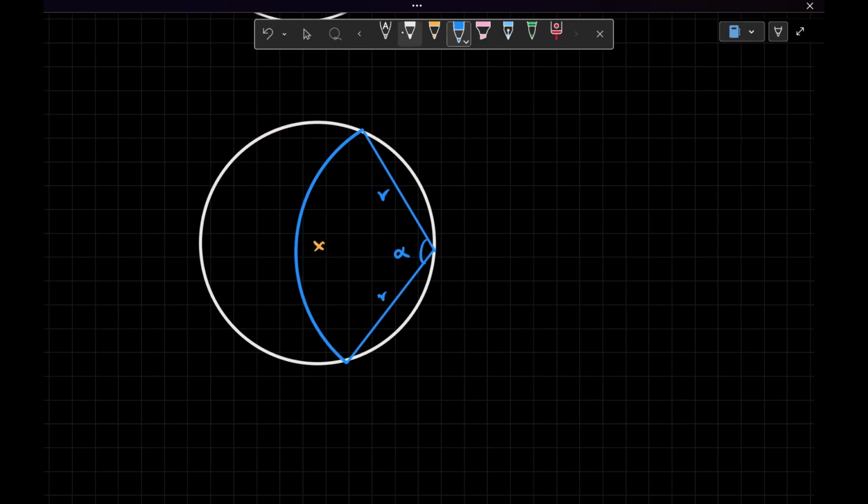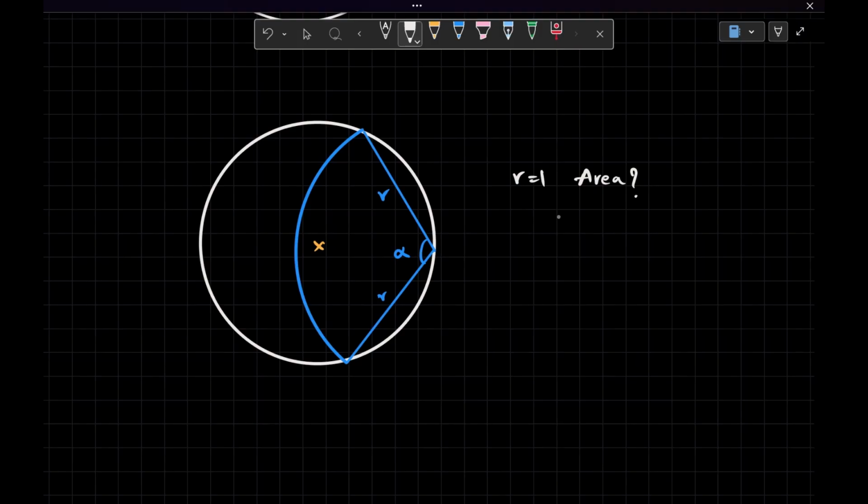I would like to ask you this question: what will be the area if r is equal to 1? If r is equal to 1, then obviously this blue circle passes through the center, right? Because this length is 1 here.